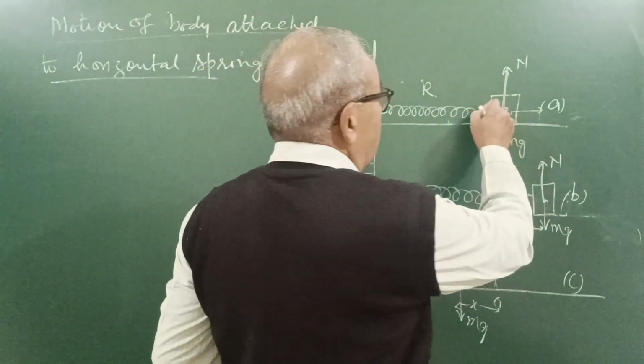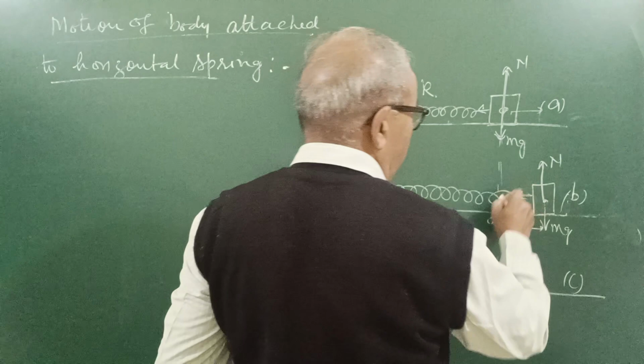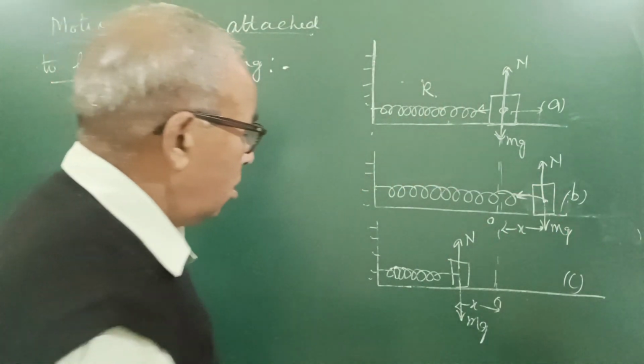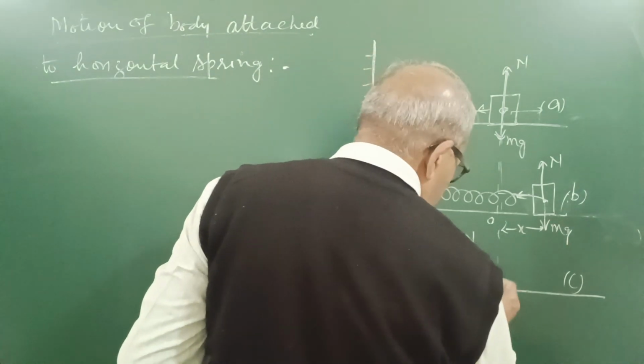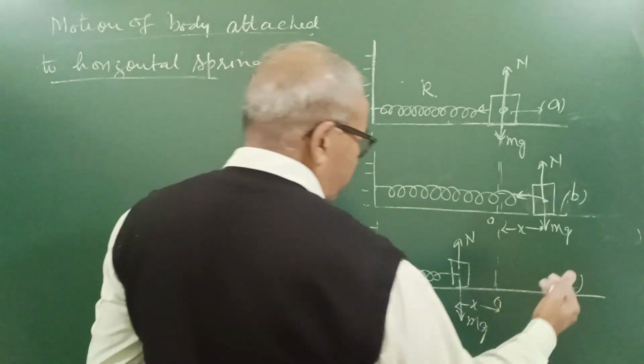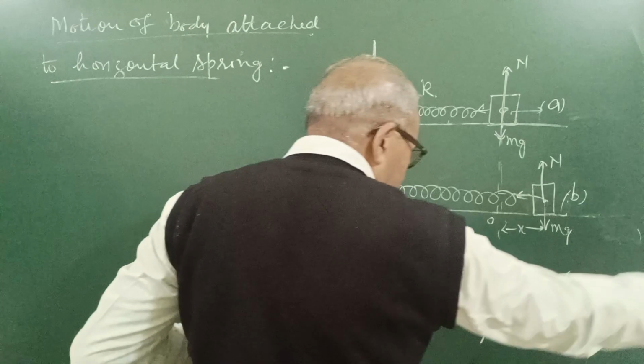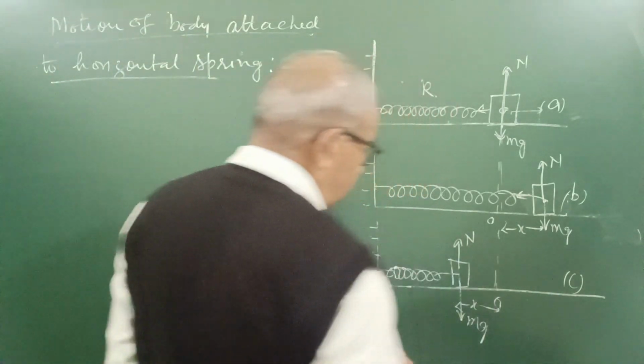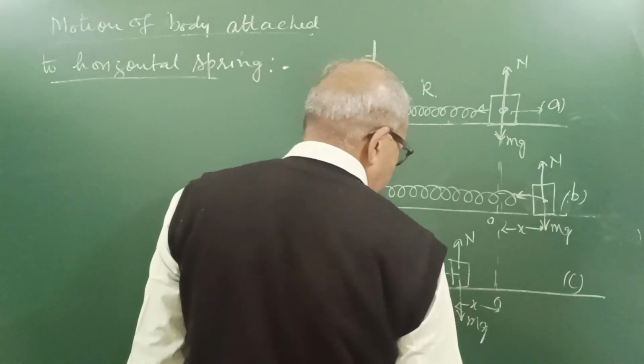The only net force is the spring force F equal to minus kx. And if we press this, then it will try to expand, and the force will again be opposite to displacement.